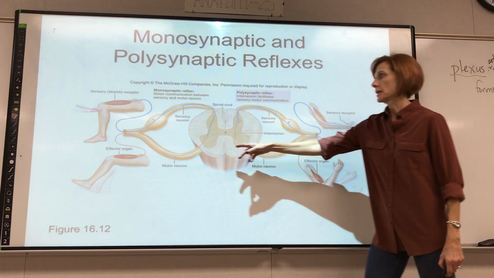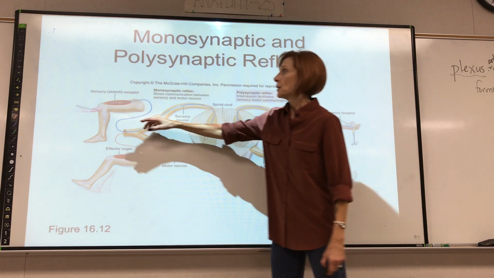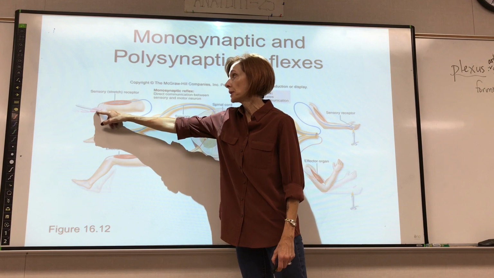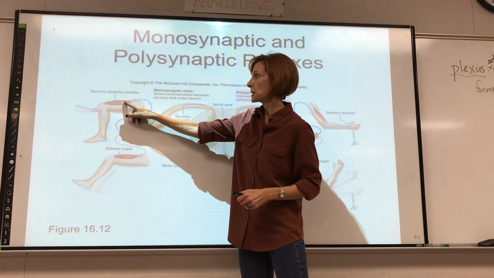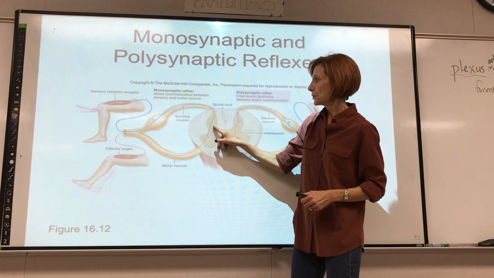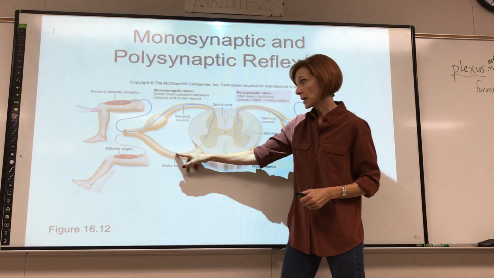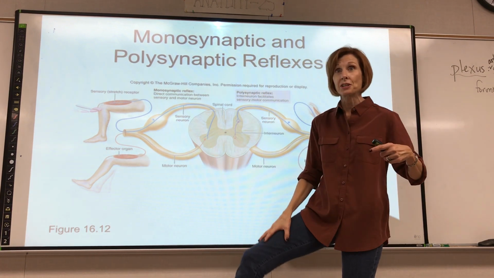And this is showing a couple different types of reflexes. So this is the one I was mentioning earlier when we have our tendon tapped here with a reflex hammer. What that really does is it stretches the muscle. And so there's a response to that. And notice that the sensory neuron that's coming from the muscle synapses directly on a motor neuron that goes out to the same muscle, causing it to contract.